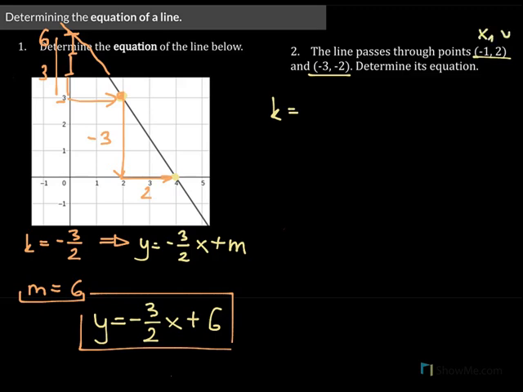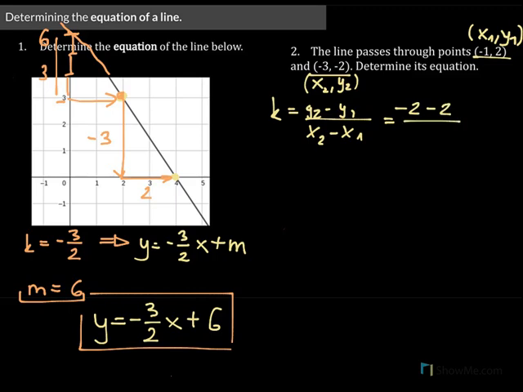If this is my x1, y1, x2, y2, in order to find the slope, I need to subtract the y coordinates over subtract the x coordinates. -2 minus 2 over x2 is -3 minus x1, -1. -2 minus 2 is -4 over -3 plus 1 is -2.